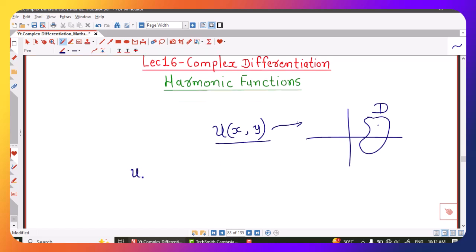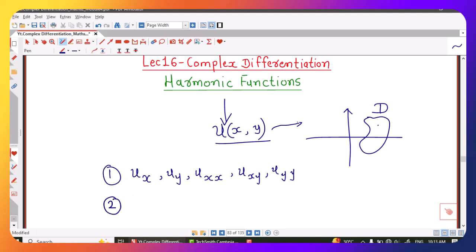First we have to check whether first and second order partial derivatives of u are continuous in domain D. First and second order partial derivatives of this real function u must be continuous in a domain D. That is the first requirement of a harmonic function.